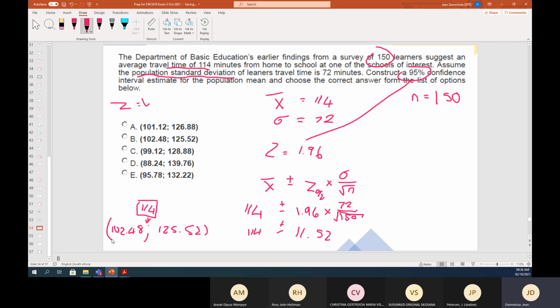Okay, so then 102.48, 125.52, so the correct one for this instance was option B. Okay, so this one was nearly the first one now in a few questions that was just how we would normally work out most of our questions.